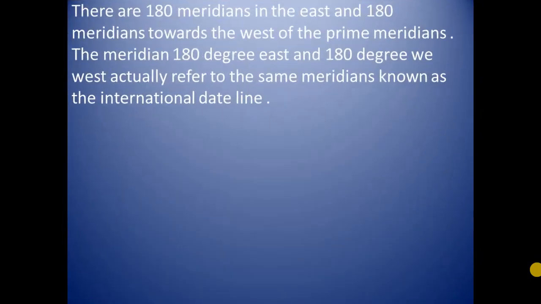There are 180 meridians in the east and 180 meridians towards the west of the prime meridian. 180 degree east and 180 degree west actually refer to the same meridian, known as the international date line.